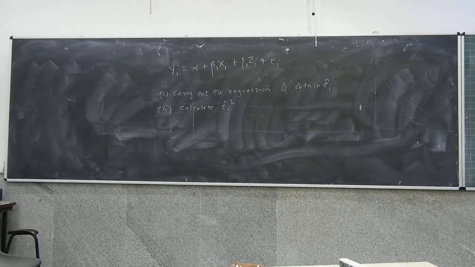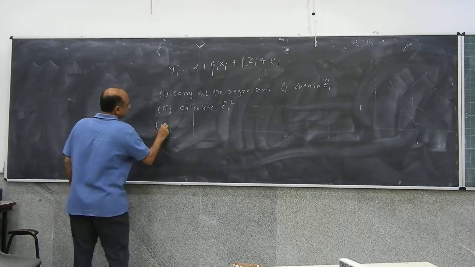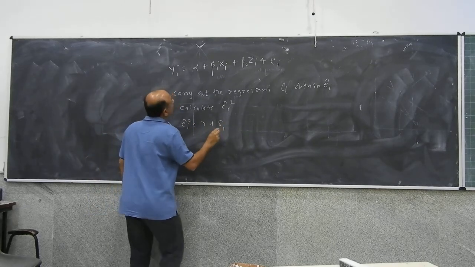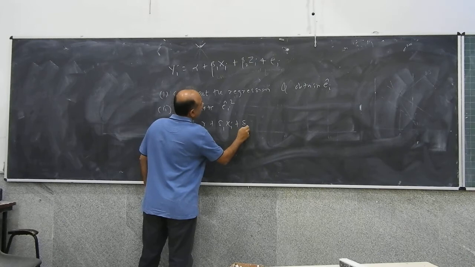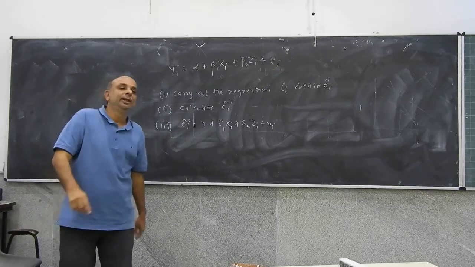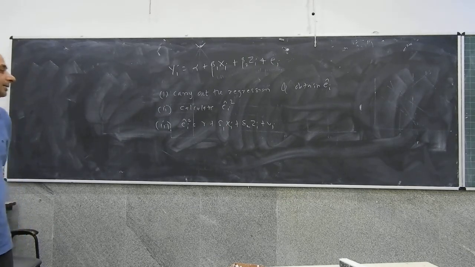Now note that E hat 1 square is an estimator for sigma 1 square, E hat 2 square is an estimator for sigma 2 square, and so on and so forth. Then do the following regression.